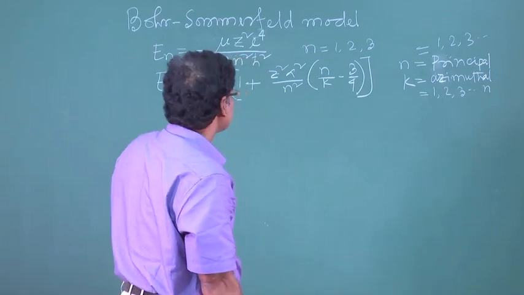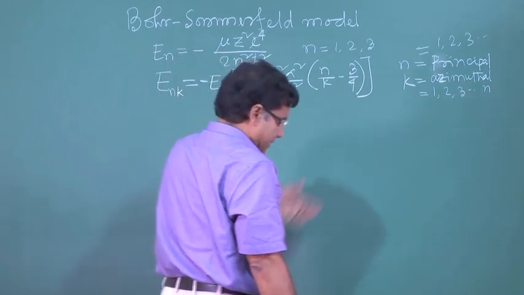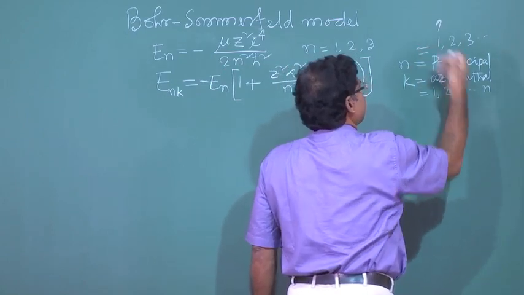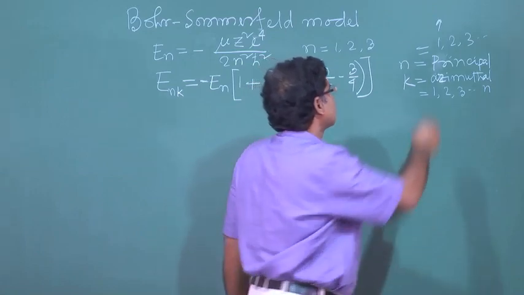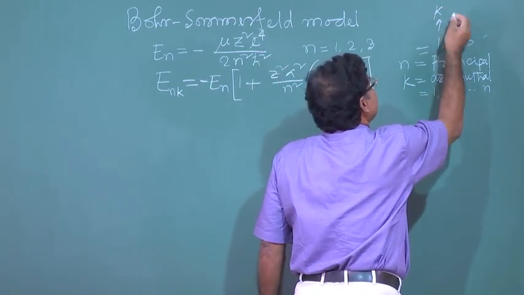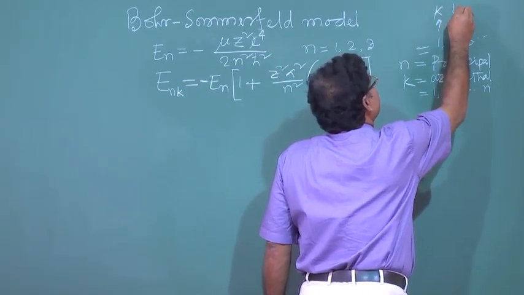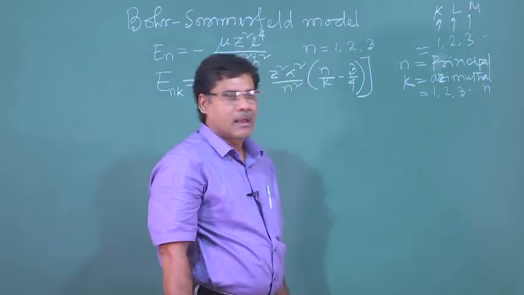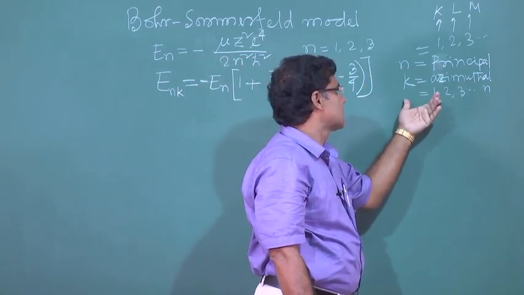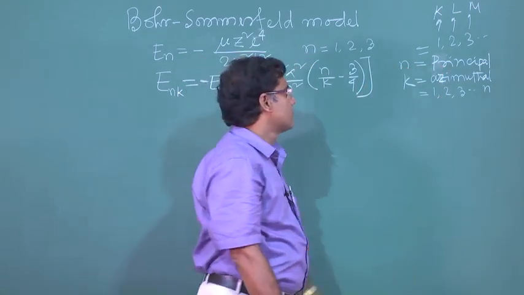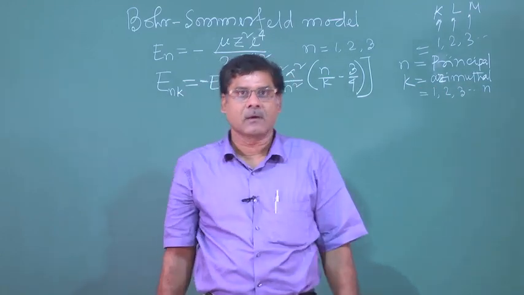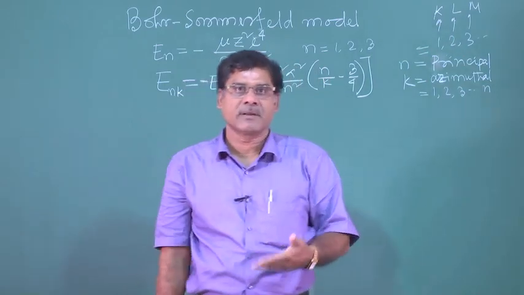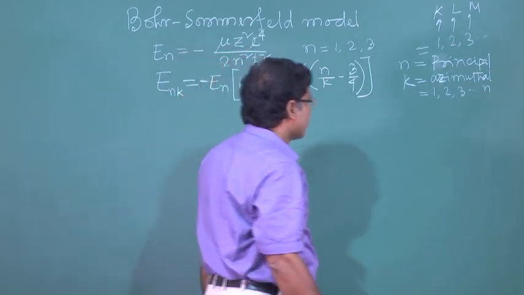Generally this principal quantum number gives a shell, and we use the names K shell, L shell, M shell, N shell, etc. Each shell is now subdivided into subshells, or orbits, and each orbit is subdivided into orbitals.